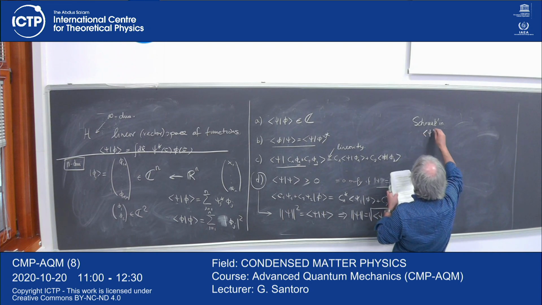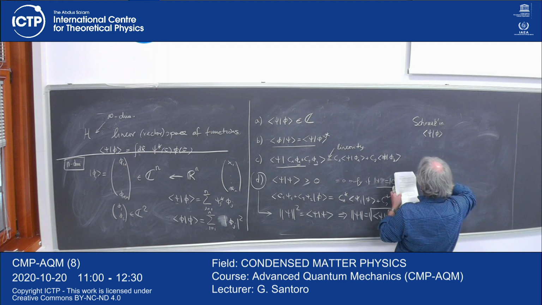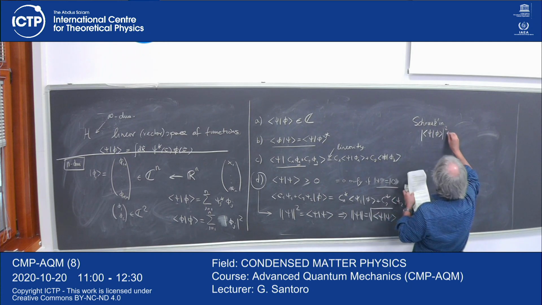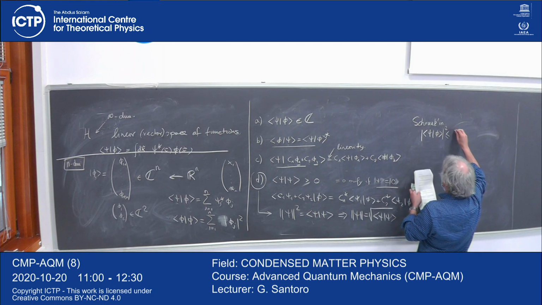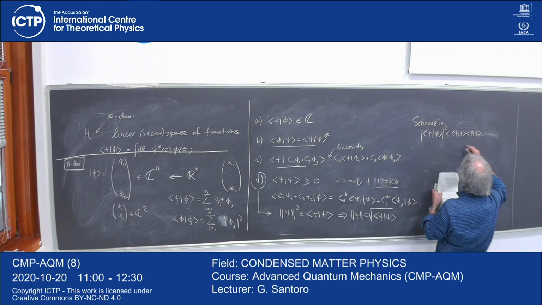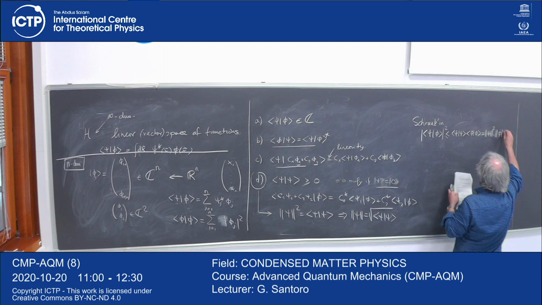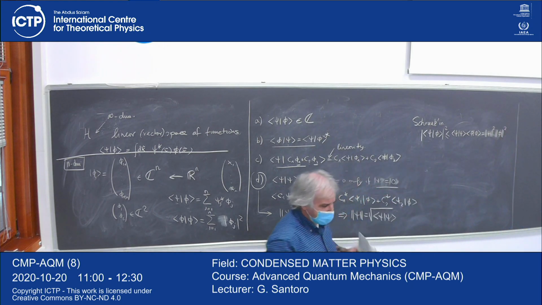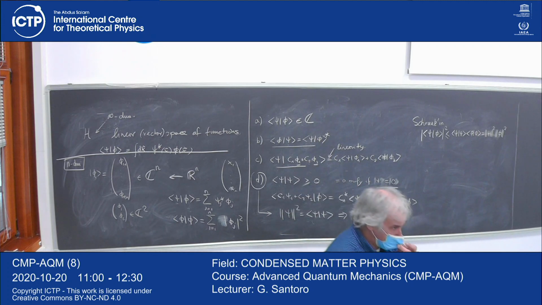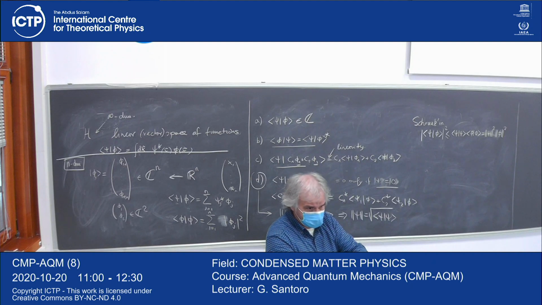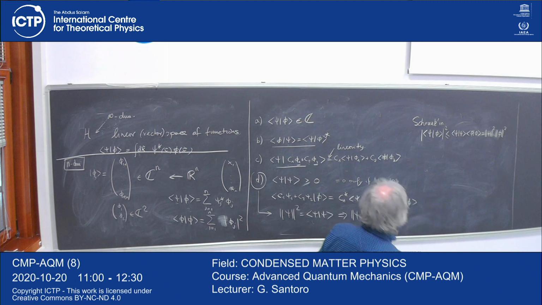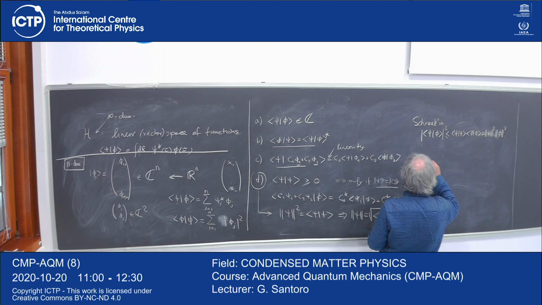If I take the scalar product of a vector with another vector, and I consider it square, that's less or equal to the norm of psi times the norm of phi, which you could write as psi modulo square times phi modulo square. This is pretty much the generalization of the inequality that you know for the cosine. You take two vectors, v1 and v2, and I calculate the square of this.